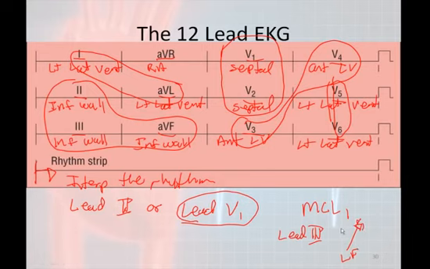So V1 would be the positive, the left arm would still be considered negative, but it would get us as close to V1 as it would. So rhythm strips are usually, for that reason, lead 2 or lead V1.